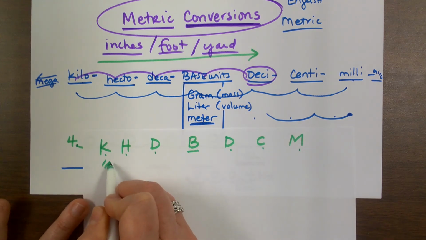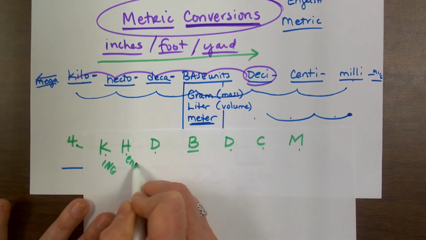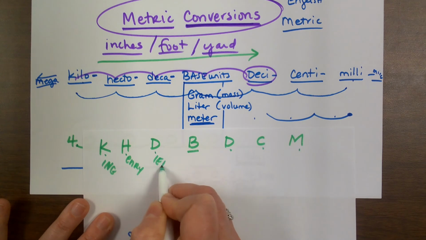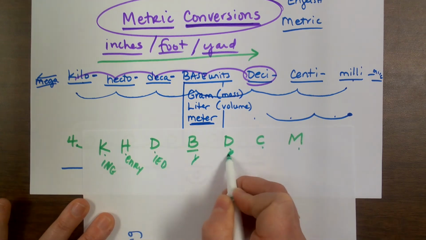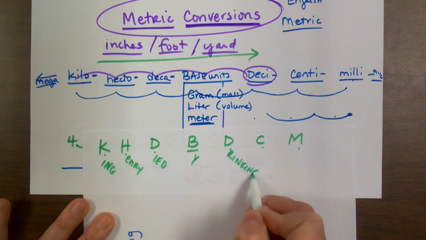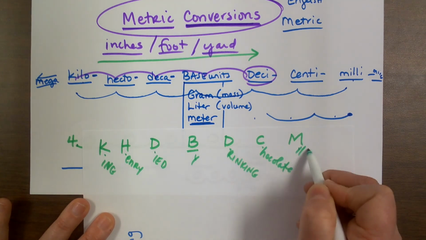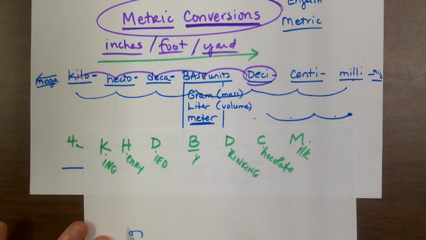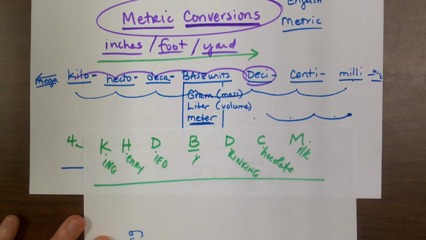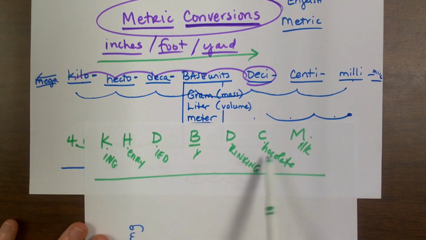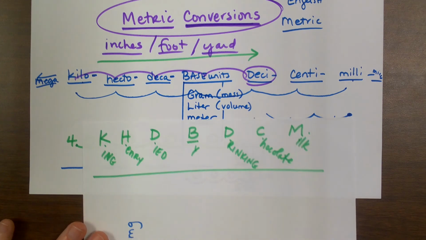And that's King Henry died by drinking chocolate milk. So the first thing you have to do is make sure you can memorize the pattern. Once you memorize the pattern, you have to know if you can go back and forth.